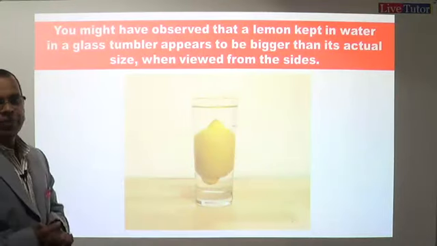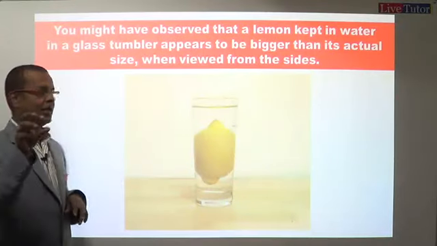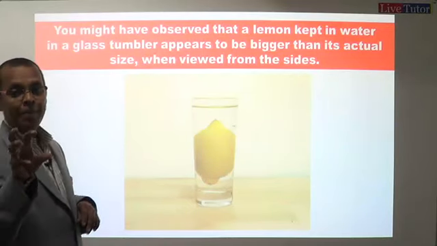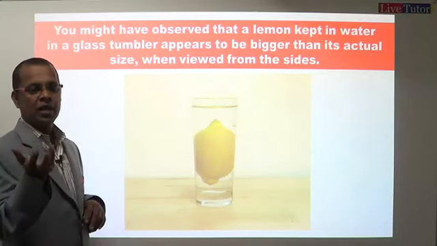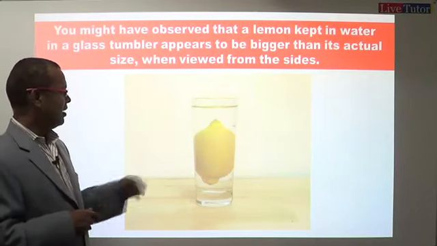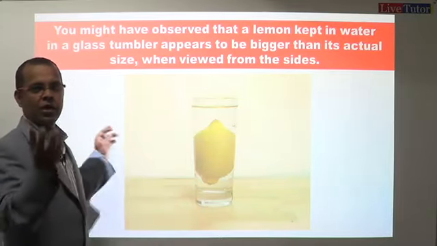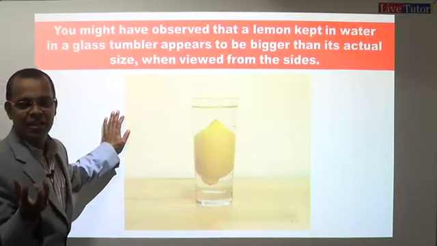And similarly, another example here, when you keep a lemon inside a glass full of water, right, it may appear somewhat bigger in size than the actual size when viewed from the side. For this reason, when we were children, we used to take the bulb, the fused bulb.